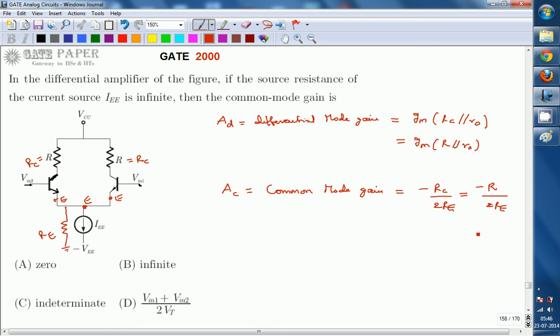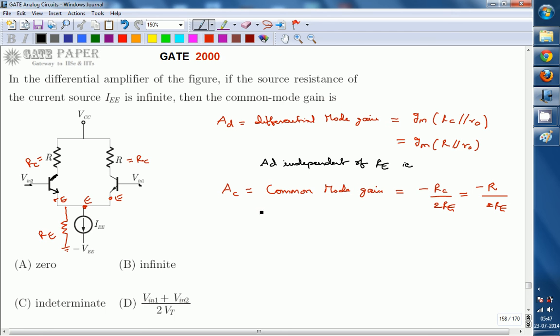If you check both equations, AD is independent of RE. That is, AD is constant even if you change RE. Whatever the value of RE, AD will not change, so the differential mode gain is not affected by the RE value.